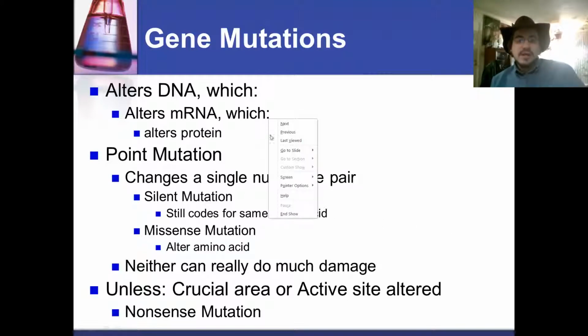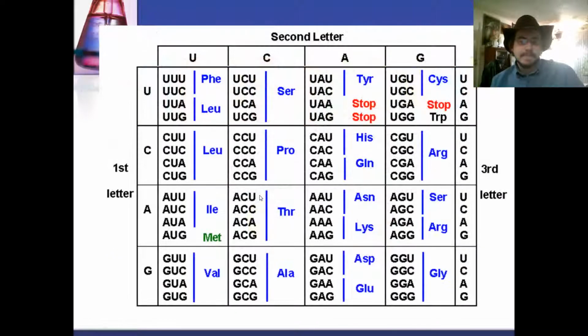Or, if we take a look at our codons here, say we have UAC as a codon, right? It codes for tyrosine.